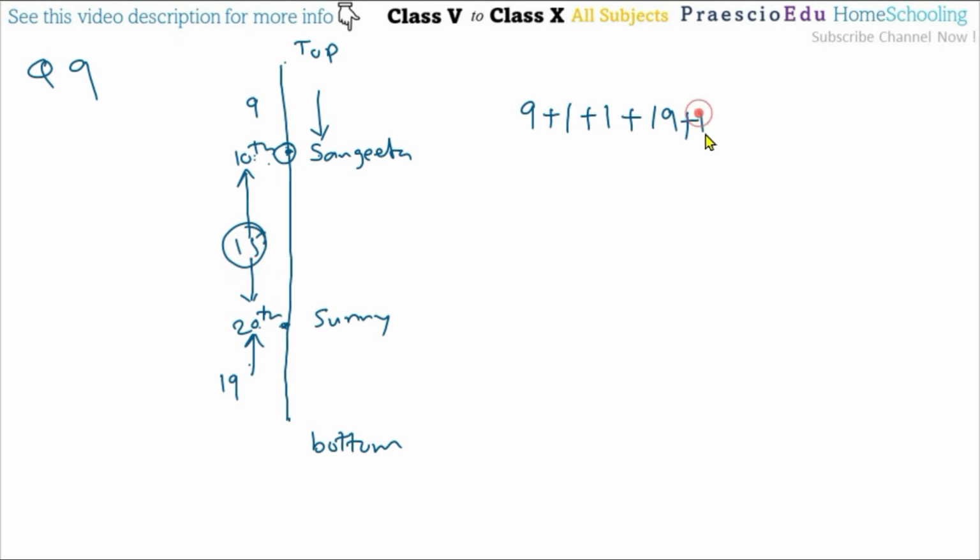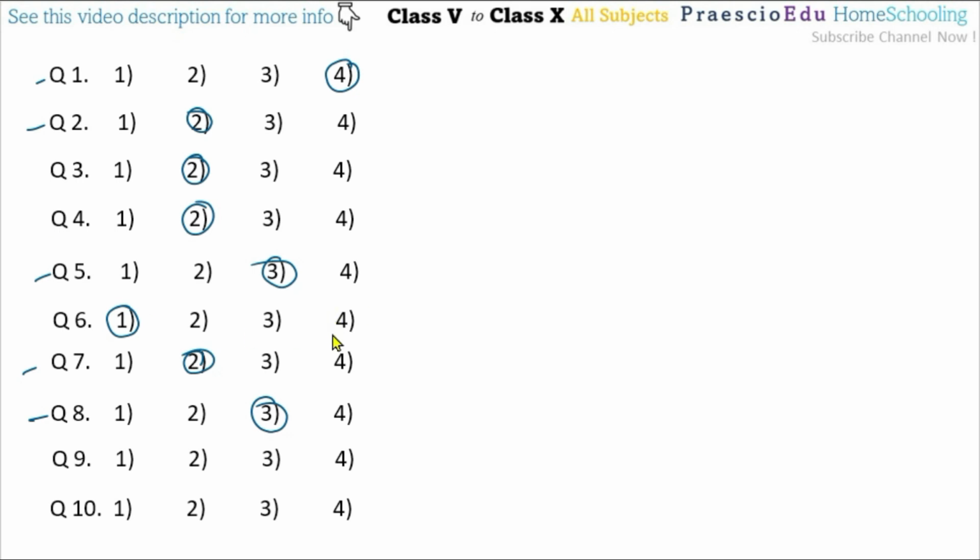After these additions, we get a total of 45. So there are a total of 45 students in the register from first to last. For question number 9, 45 is mentioned in option number 1.